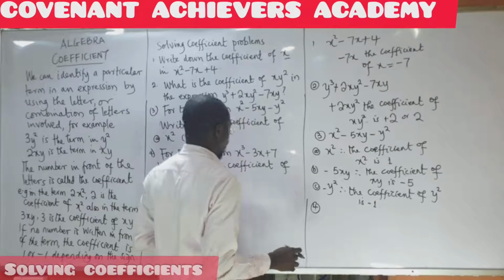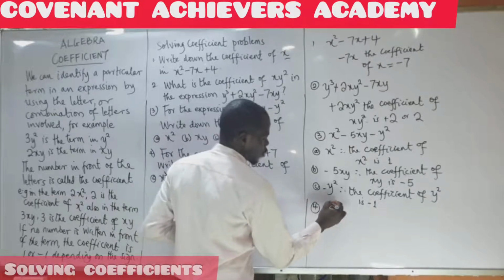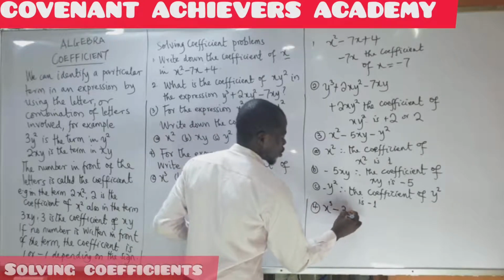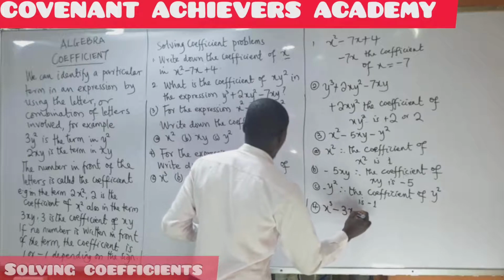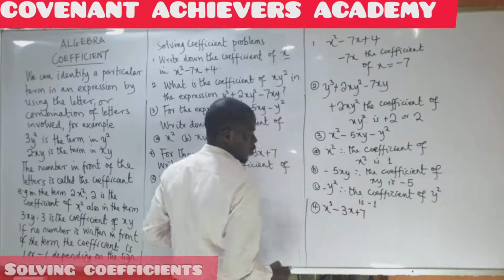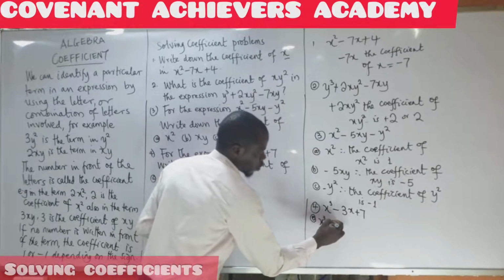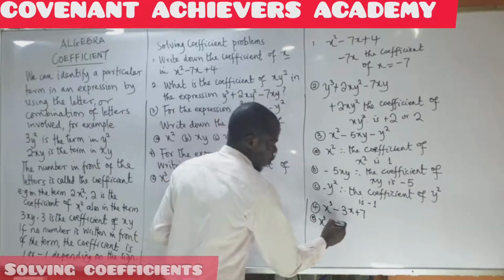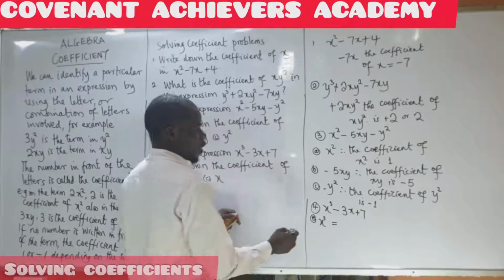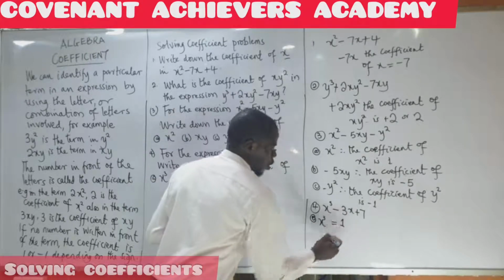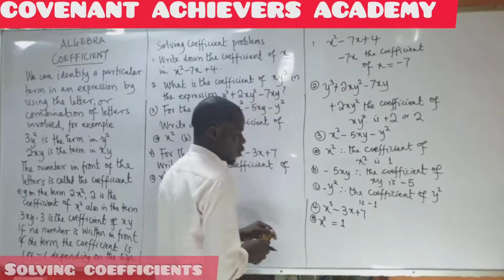The expression is x cubed minus 3x plus 7. So the coefficient of x cubed here is equal to 1, and that's the answer.